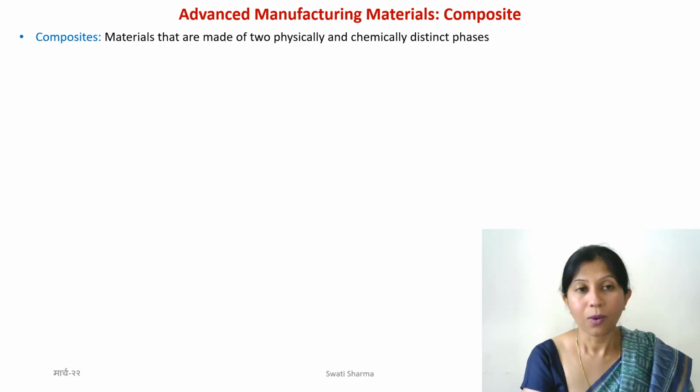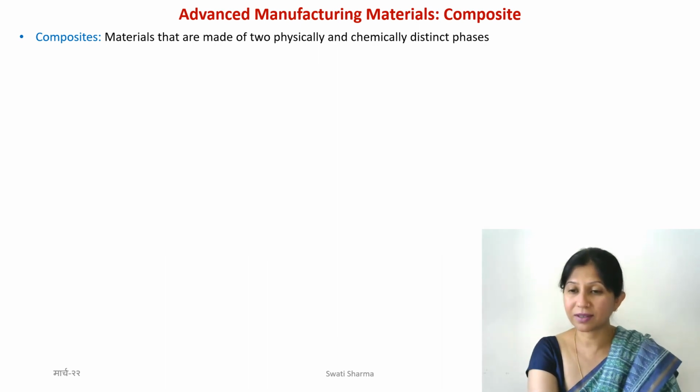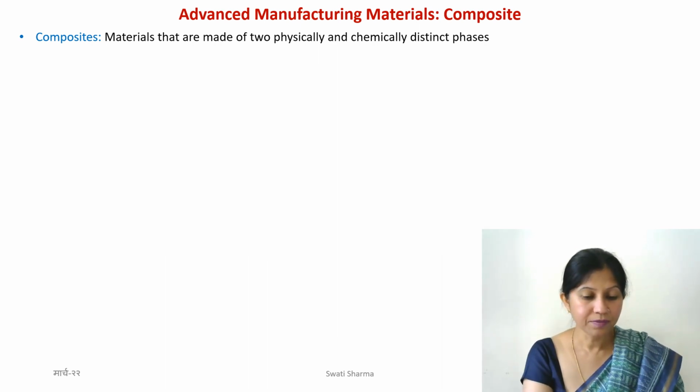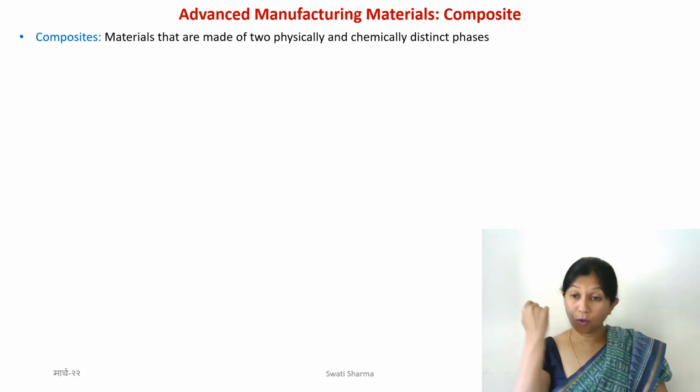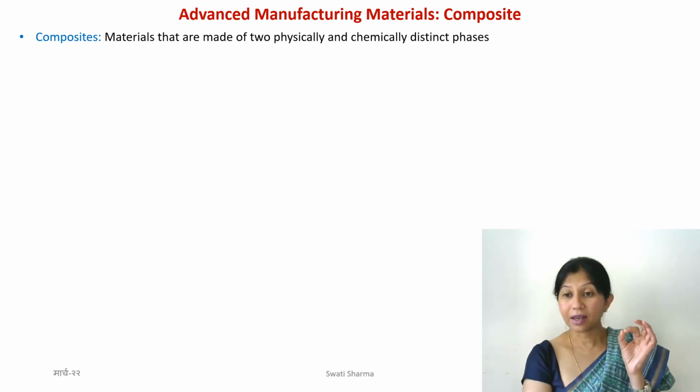Well, what happens in the case of composite materials or composite structures rather? Here we have two or more materials, but typically two materials that have different physical and chemical phases. What is a phase? Solid, liquid, gas. That's a phase, right?